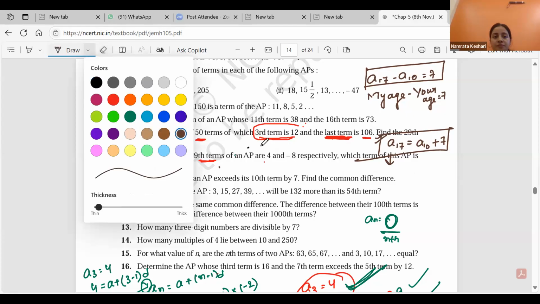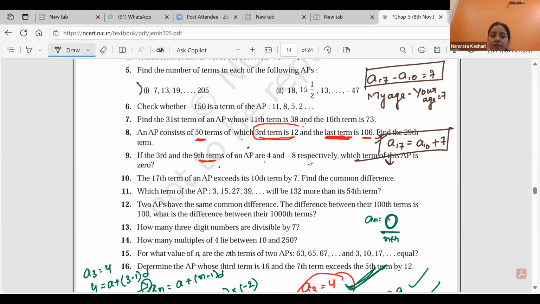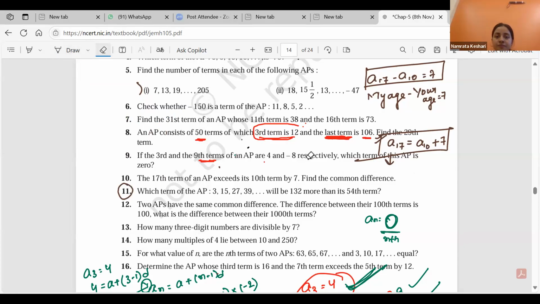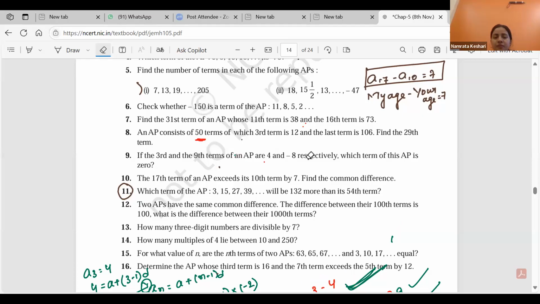Can I say? Yeah, sure, please. So an will be equal to 3 plus 53d, right? 53 into 12.